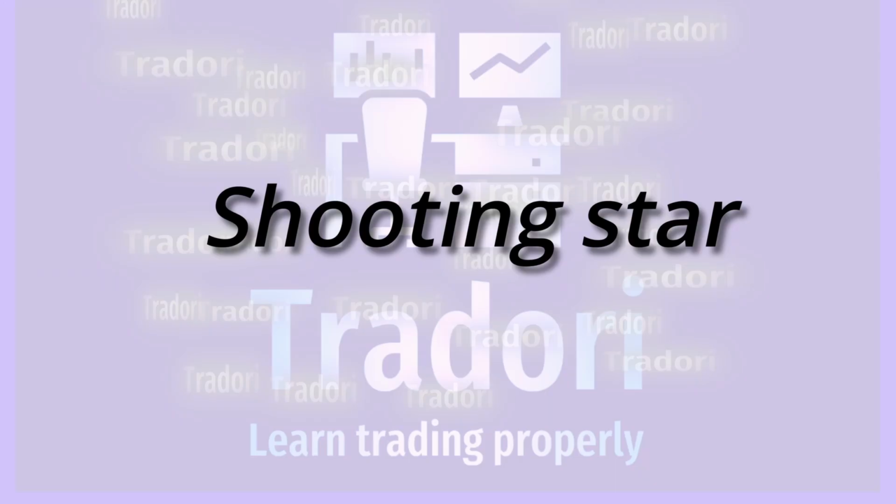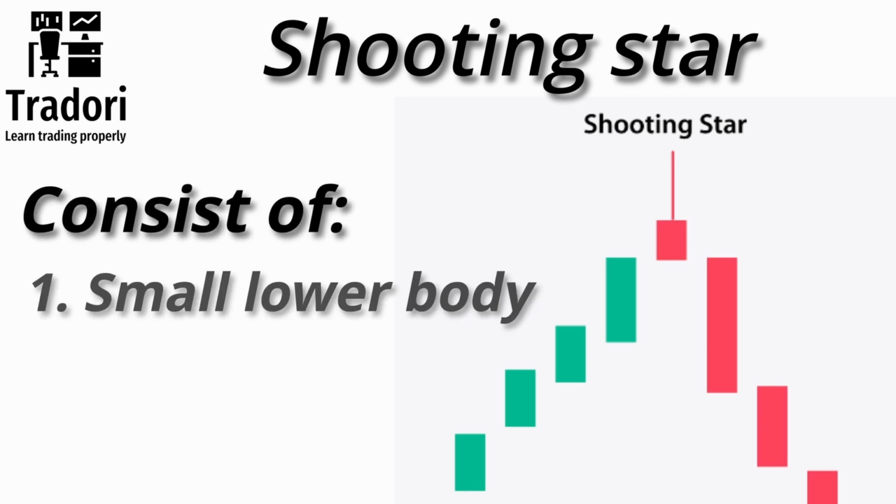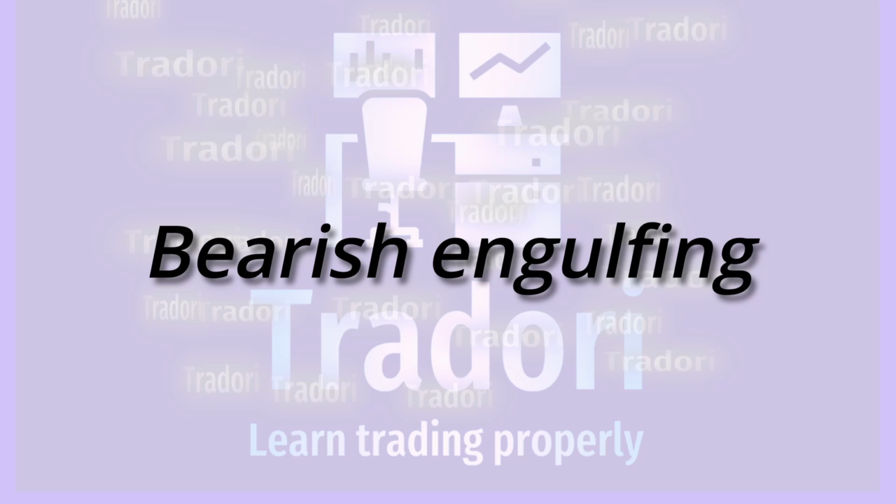Shooting star. The shooting star is the same shape as the inverted hammer, but is formed in an uptrend. It has a small lower body and a long upper wick. Usually the market will gap slightly higher on opening and rally high before closing at a price just above or close to the price of the previous candle. Bearish engulfing.